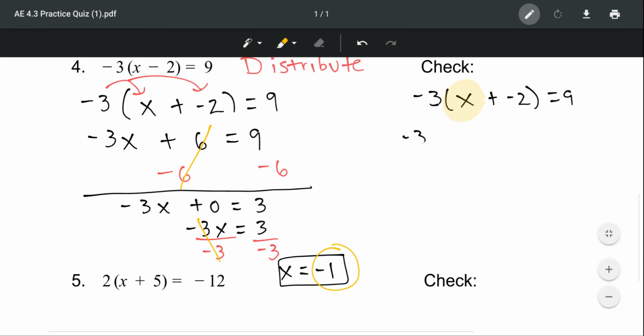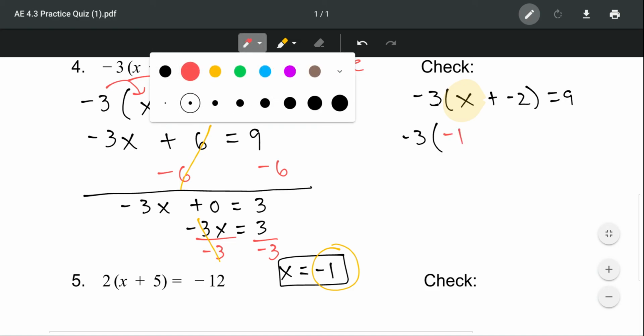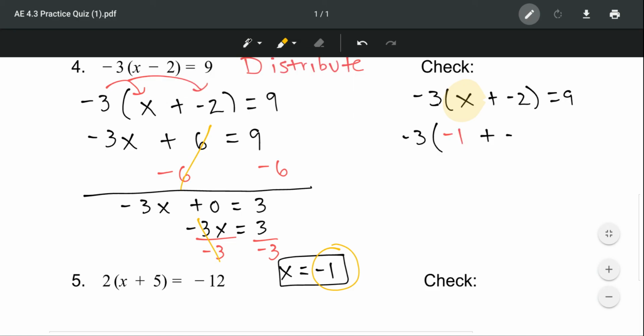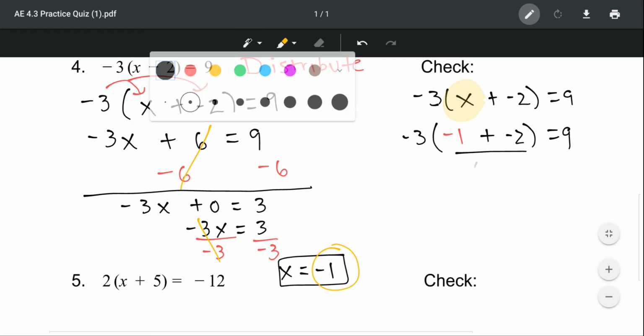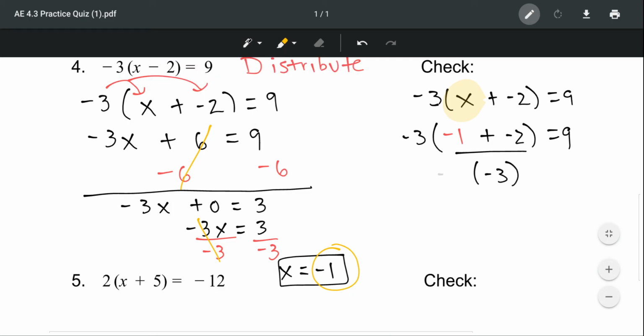So negative 3 times the quantity negative 1 plus negative 2 is equal to 9. Negative 1 plus negative 2 is negative 3. And now negative 3 times negative 3 is positive 9, so that means we solved correctly.